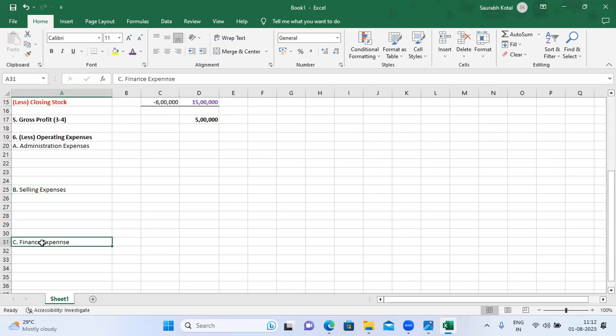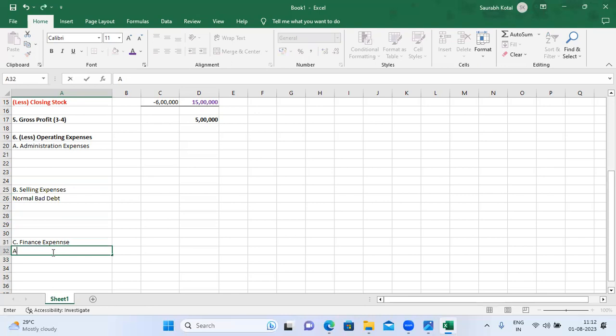Apart from this, bad debt. Of course, debts have been incurred for selling purposes. Now, if the debts have been incurred for selling purposes, that is, normal bad debts, they would be a part of selling expenses.